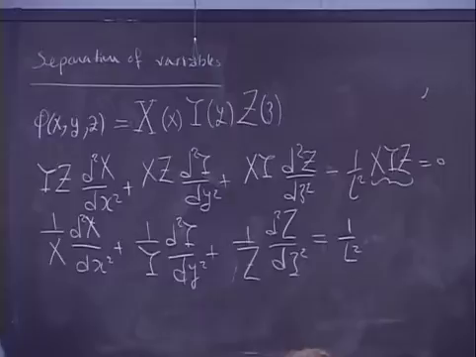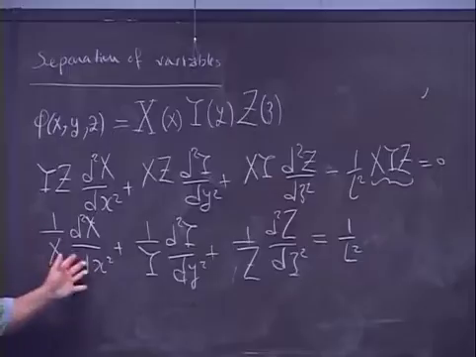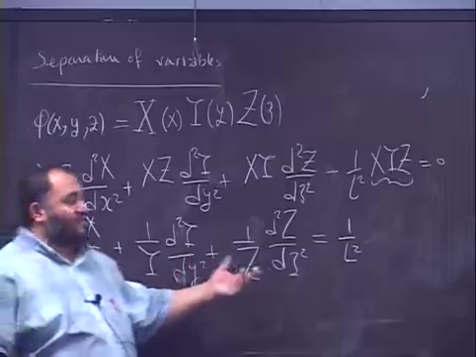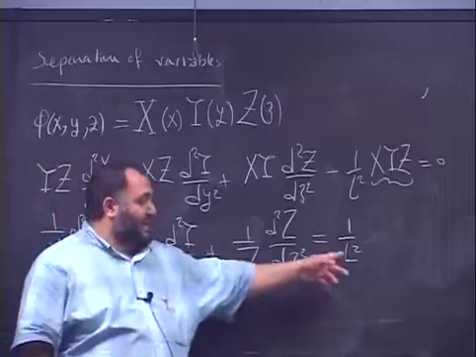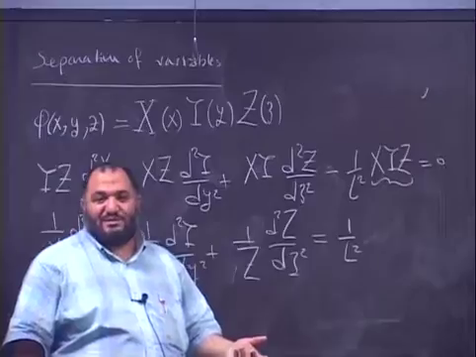What this is telling me is this, 1 over X d2X by dx square, is a function only of x. Yes? Because there is no y here. And this is a function only of y. And this is a function only of z. And L is the diffusion length. And the diffusion length is what? It's constant.